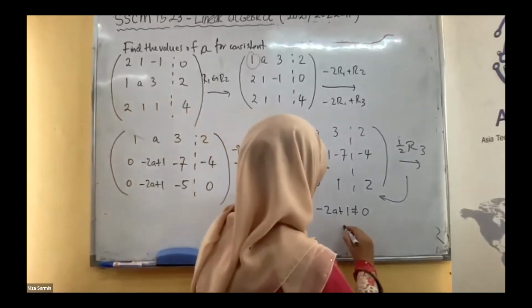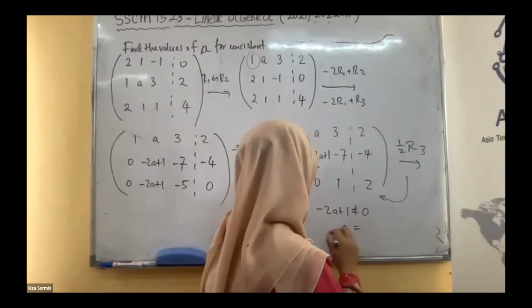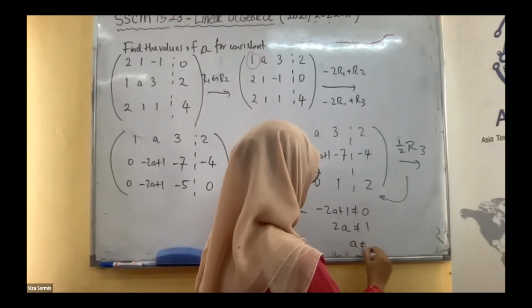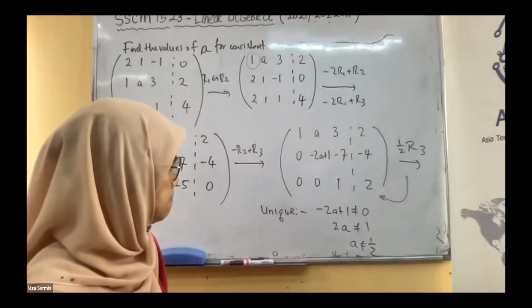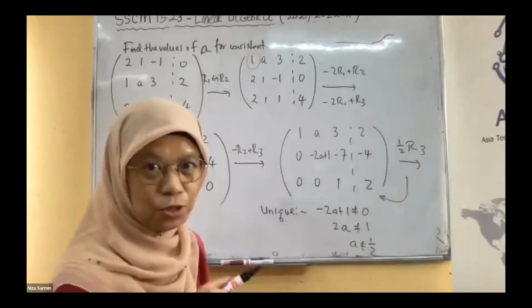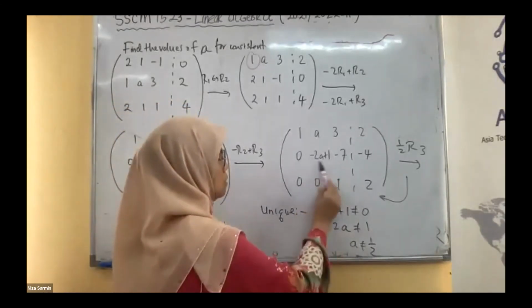If A is not a half, then you will get a number here.